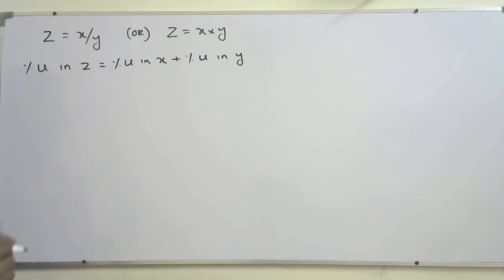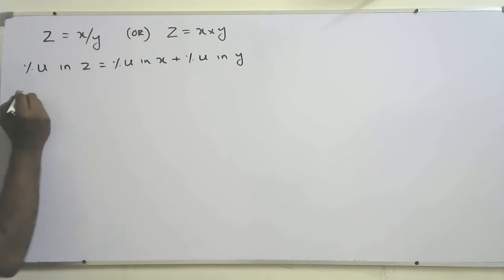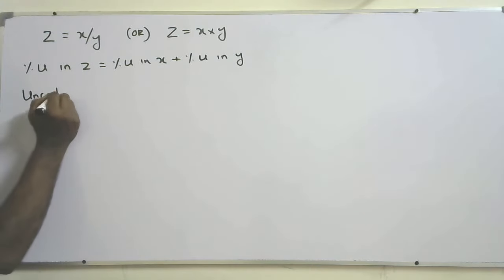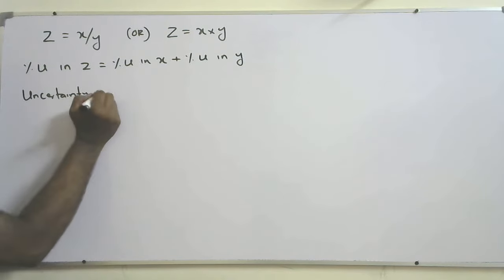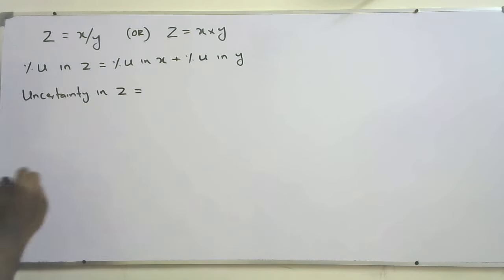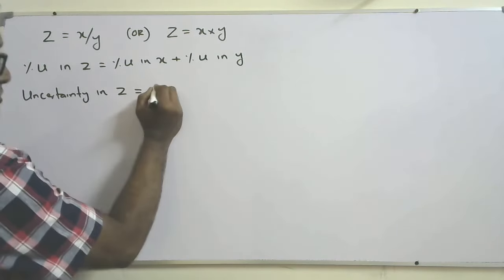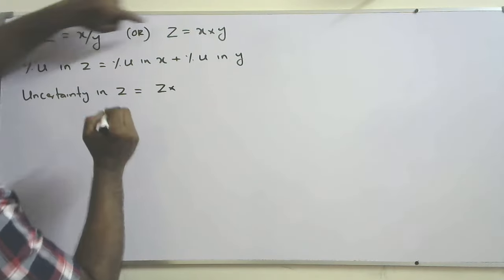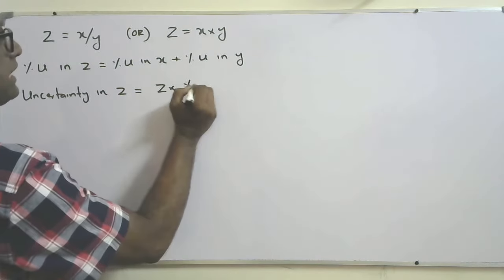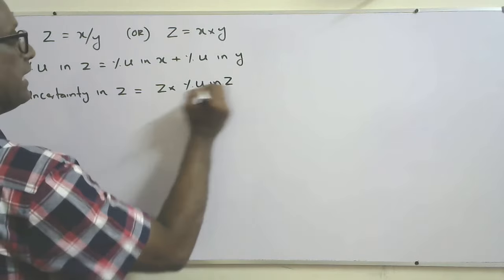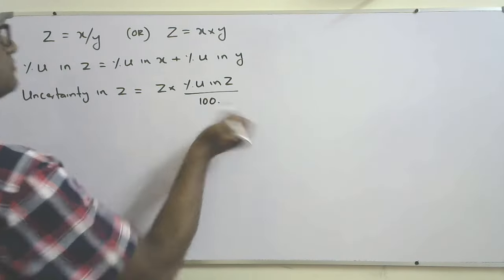Then the uncertainty in Z: how do we find it? Uncertainty in Z is equal to the value of Z into the percentage uncertainty in Z divided by 100.